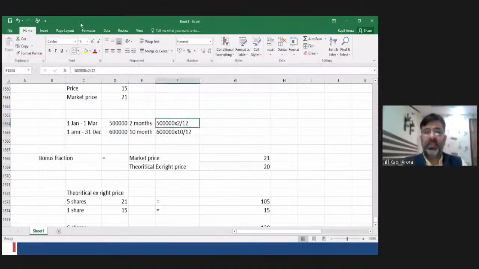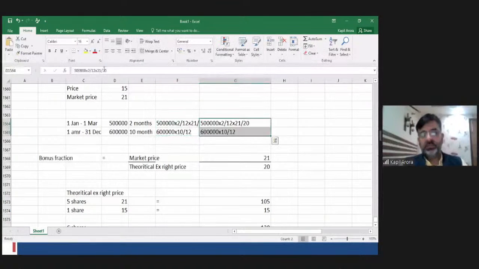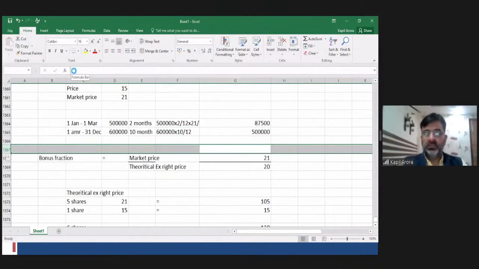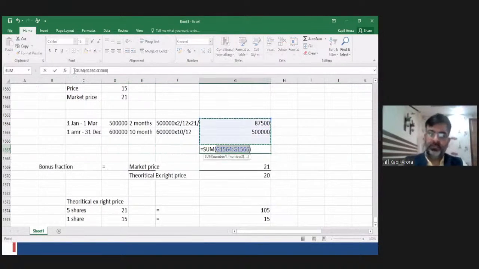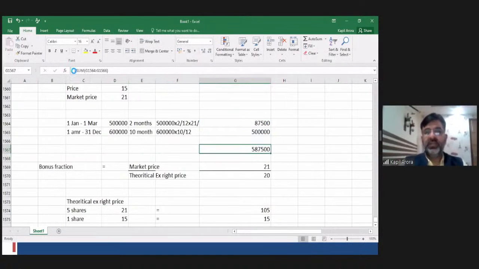So 21 by 20, if I do that, I will get the numbers, and the total would come out to be 587,500.